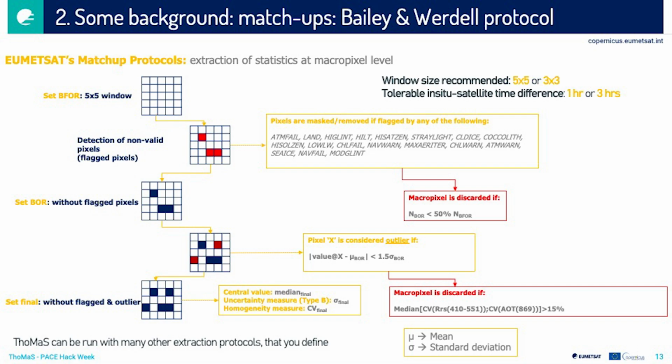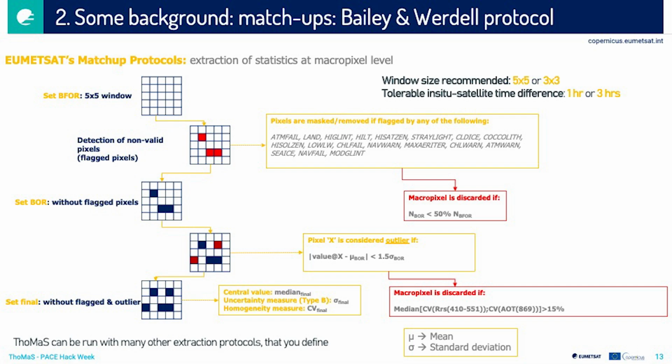Maybe this could change according to your site. It could be 3x3. And there is a first step in which of your satellite window, some pixels are flagged. So your protocol has some quality flags. And then from that set, you remove those pixels. If less than 50% of the pixels have survived this, then the matchup is discarded. So the extraction is discarded.